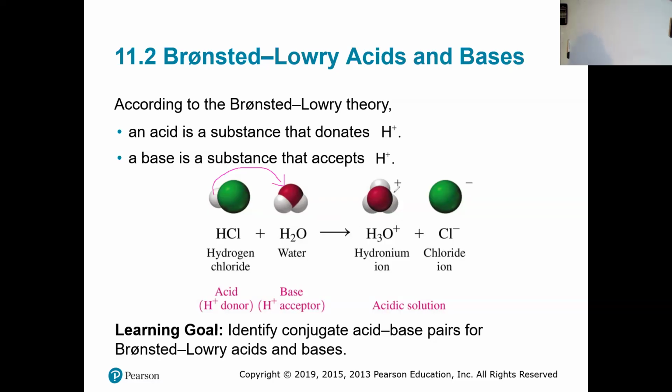Now on the product side, your H2O has turned into H3O plus, and your HCl has turned into Cl minus. So the HCl was a proton donor, an H plus donor, and so it's going to be considered the acid in this case. The H2O is the proton acceptor, or the H plus acceptor, and so it's going to be considered the base.